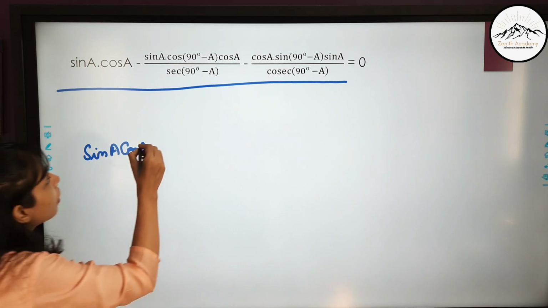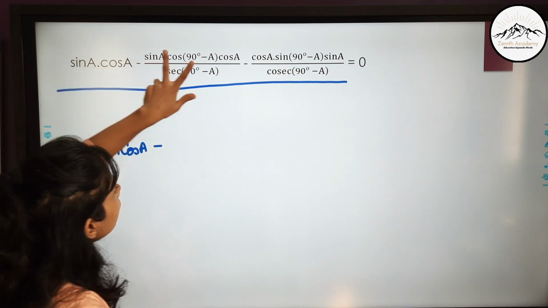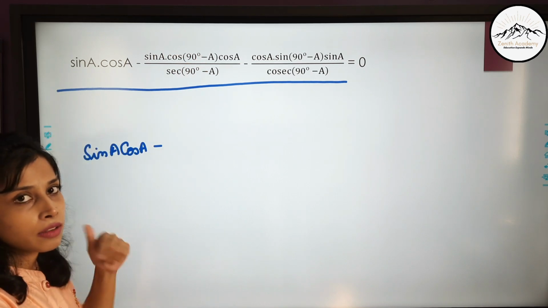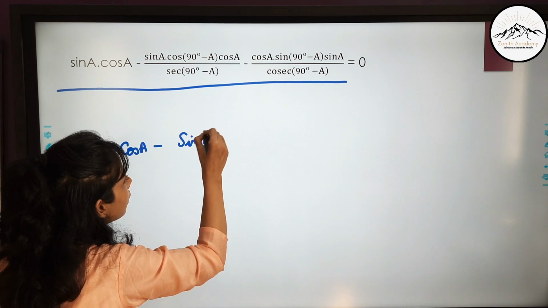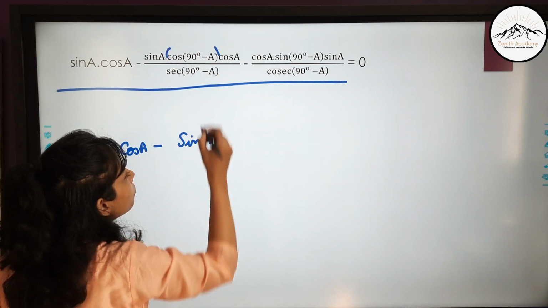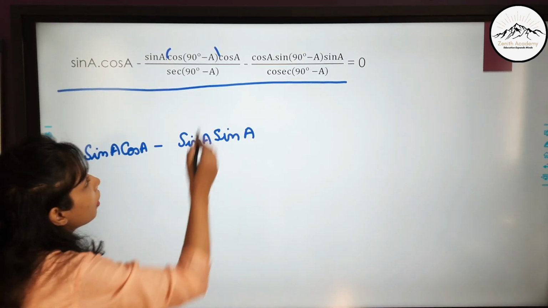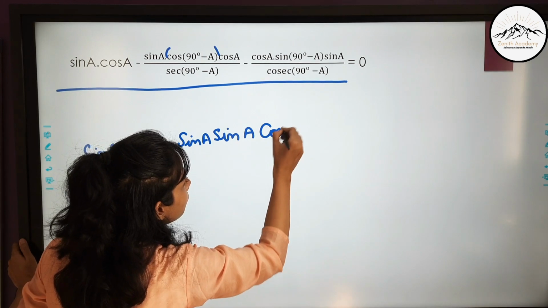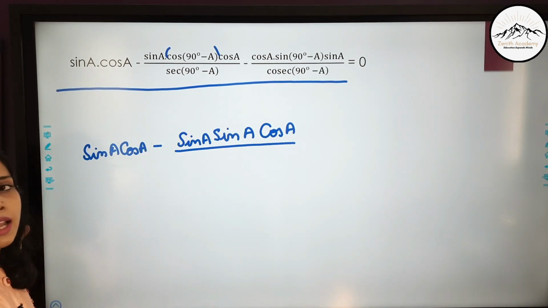is given minus, now sin A, what is cos 90 minus A? It is also sin A. So let's solve it. Sin A and this cos 90 minus A is also sin A into cos A upon, what is sec 90 minus A?